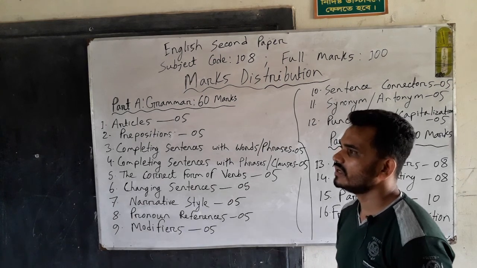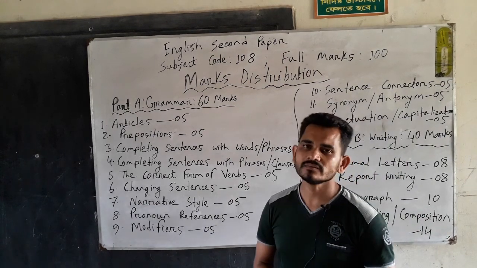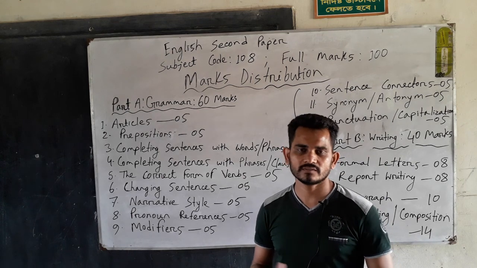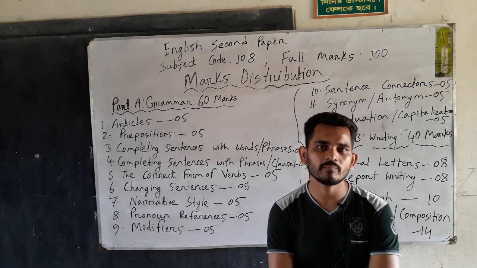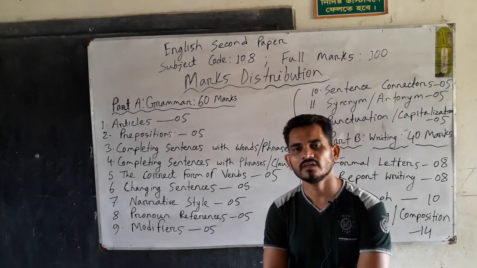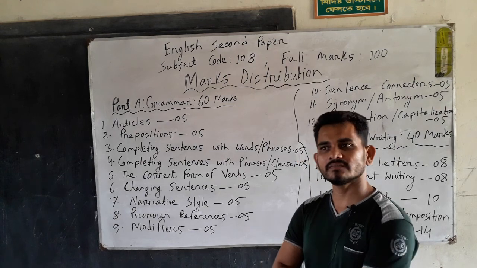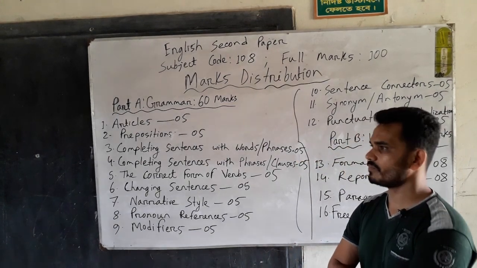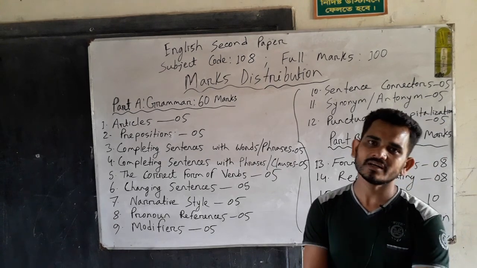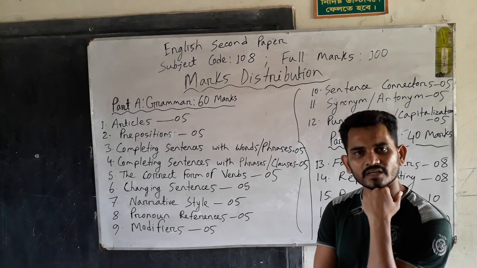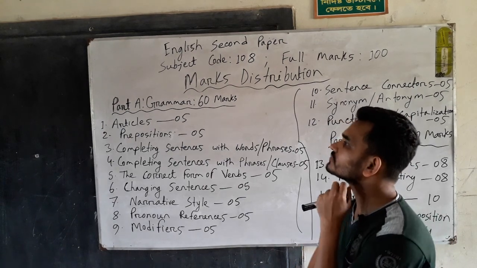Dear learners, in the English second paper question, you will have two parts. One is the grammar part for 60 marks and the other is the writing test for 40 marks. You will have to answer all the questions in English second paper also.